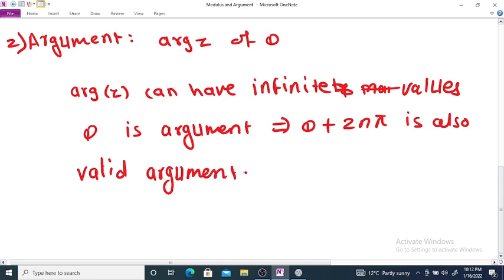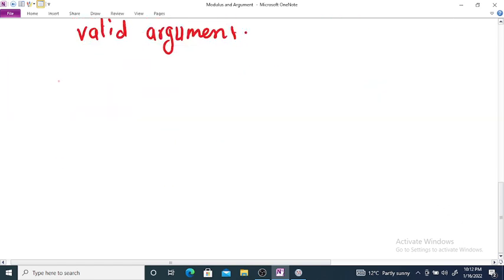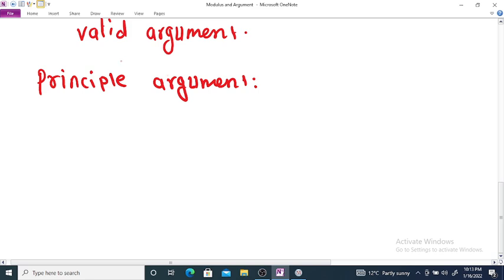To be more specific, we are going to define the principal argument. This is called the unique argument.